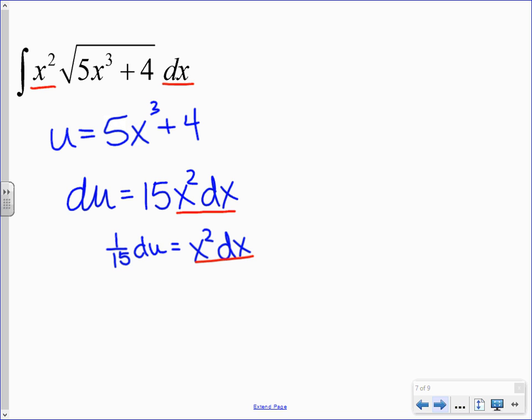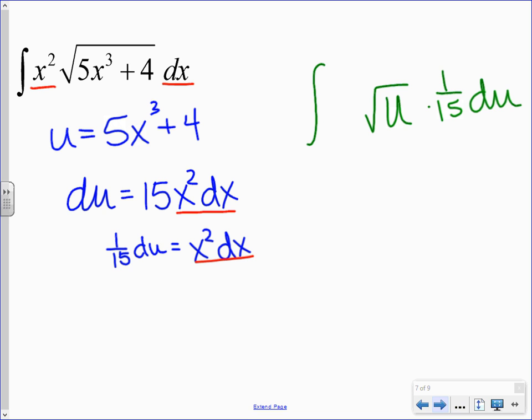So now we can take this integral, okay? Obviously we're going to have the square root of u. All right? And then x squared dx is the same thing as 1/15 du. x cubed plus 4, we substituted u. x squared dx, we substituted 1/15 du.